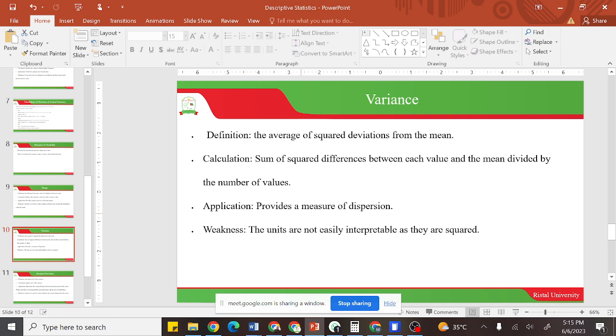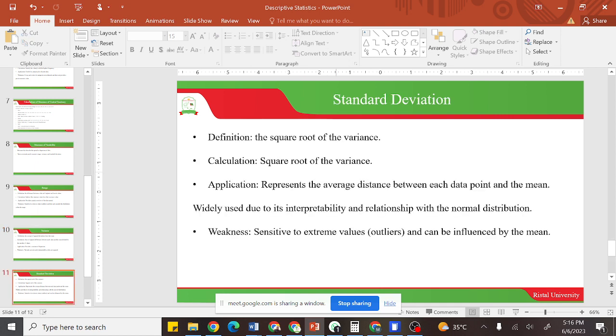The units are not easily interpretable as they are usually squared, but they also help us in getting the standard deviation. The standard deviation is basically the square root of the variance. So you need to first calculate the variance, which we have looked at, and then take the square root of the variance, and you get the standard deviation.